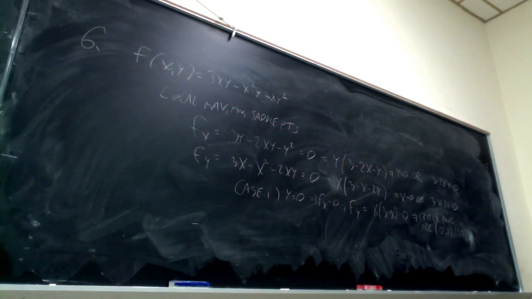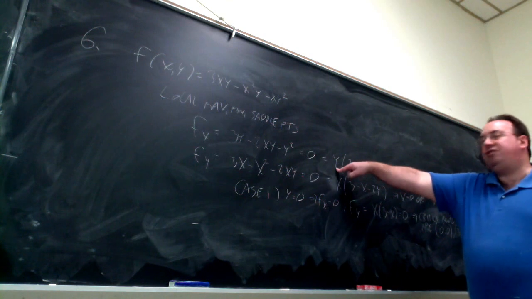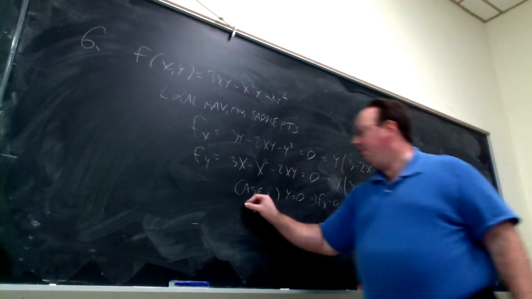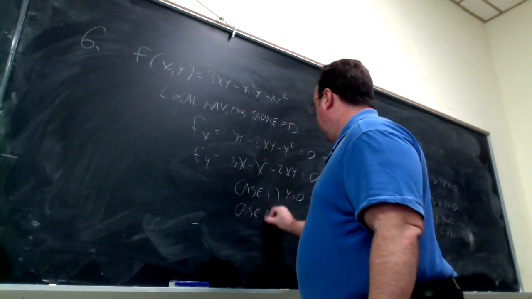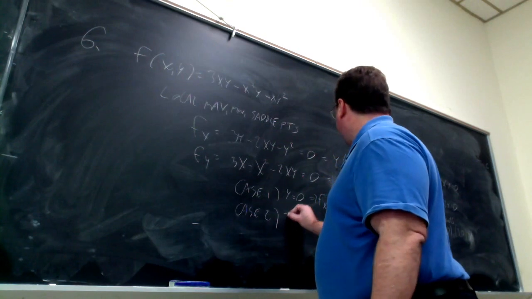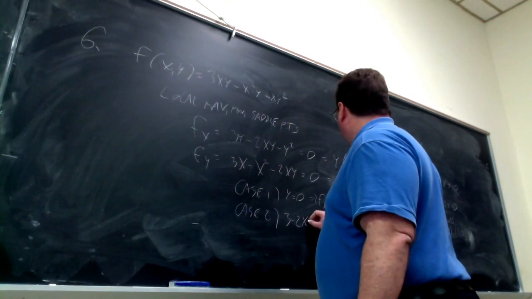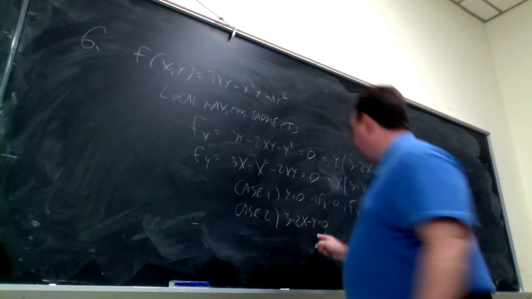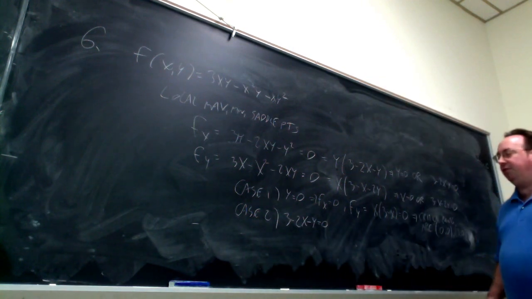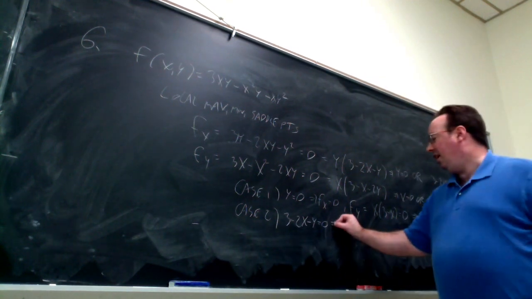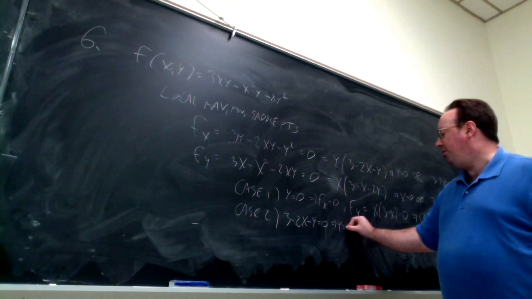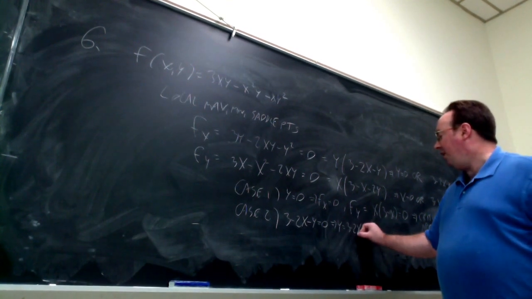Now, if this is not true, that's case 2, the only possibility left is we must have the other factor be 0. So in fact, I'll just rearrange this: y is equal to 3 minus 2x.